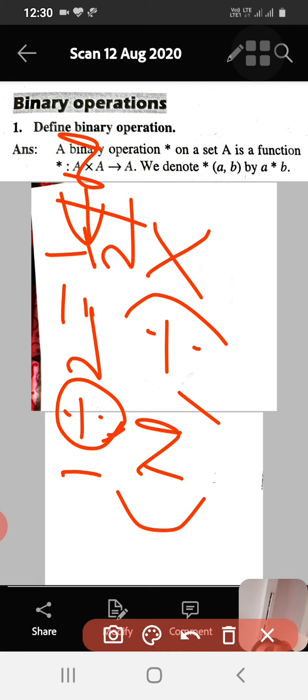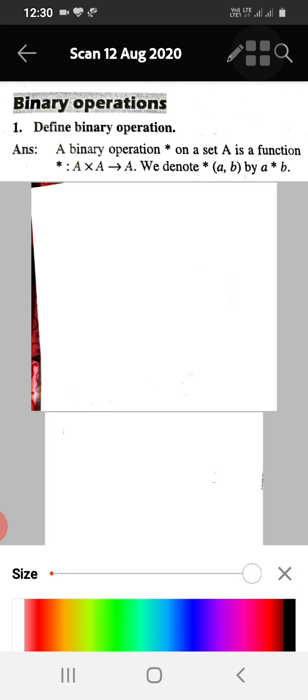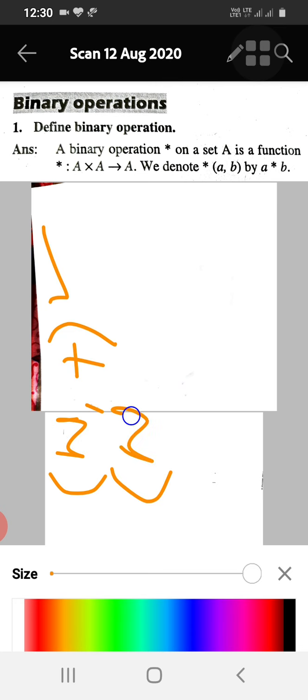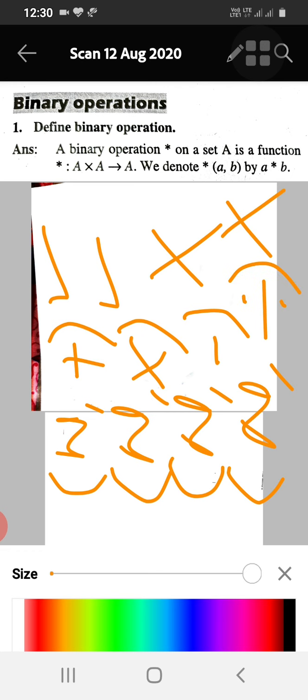So our conclusion says, once again I will write this. Multiplication is binary in this case. Division is not binary. So the natural numbers on this operation are also not binary.